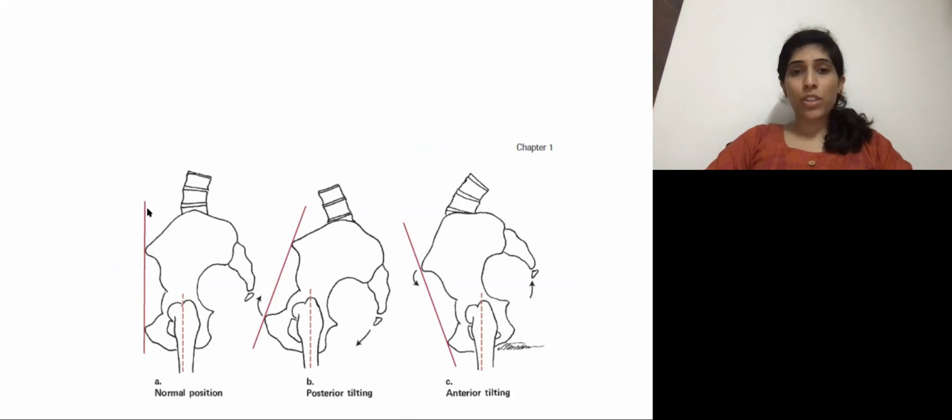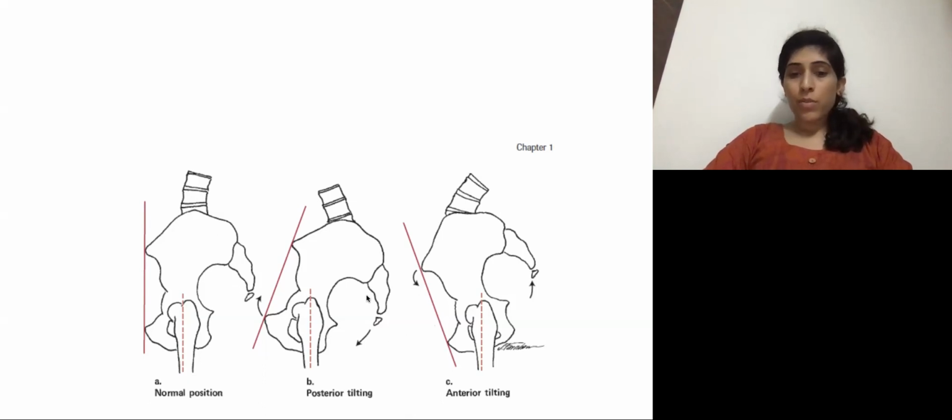So the line drawn from the ASIS to the pubic symphysis will be in the same vertical line. Based on this, considering the ASIS, pubic symphysis and sacrum, we can say whether it is a posterior tilting or anterior tilting.